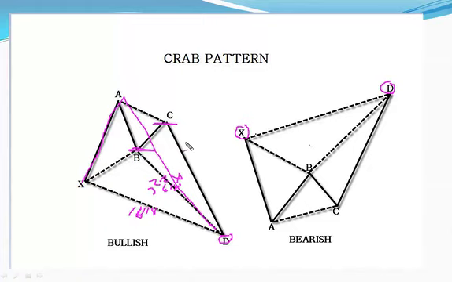So the crab pattern has a much elongated type of swing down into your D area, and there is that type of structure. It's not as common as the other patterns that you see out there.